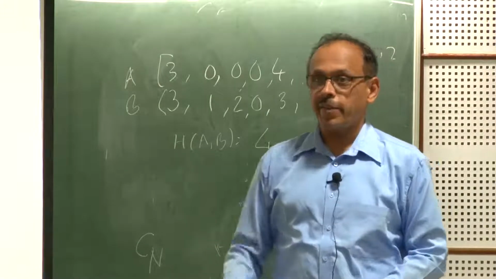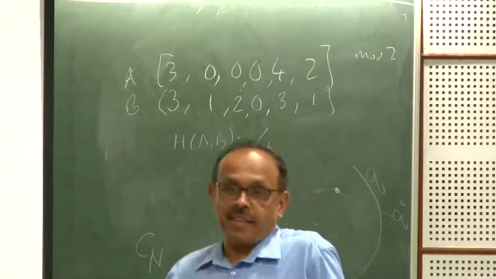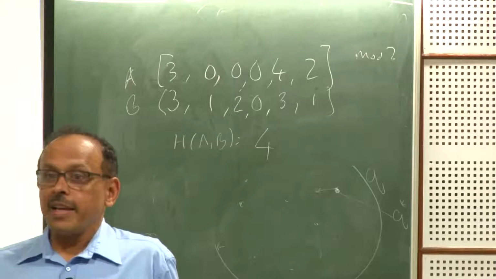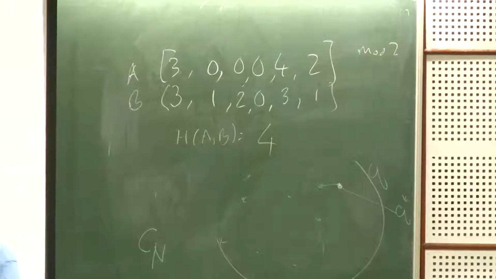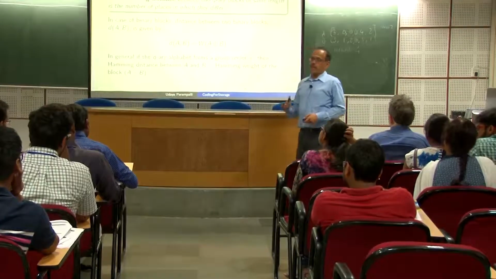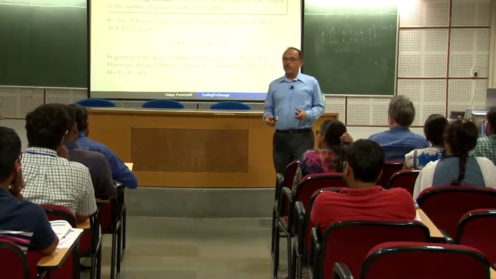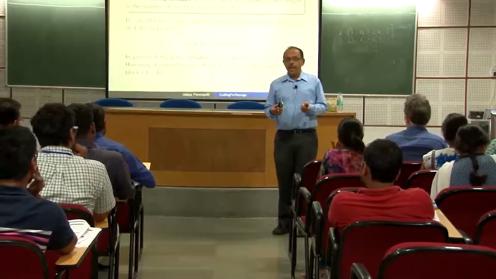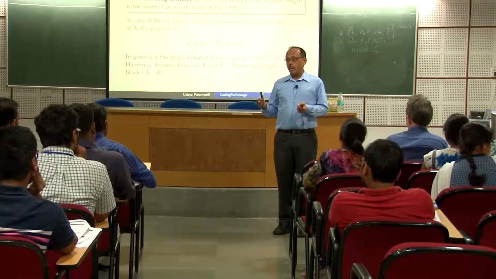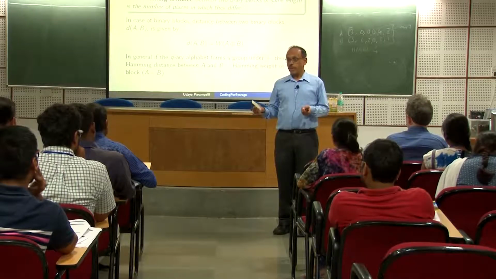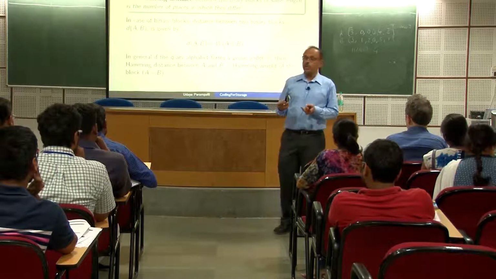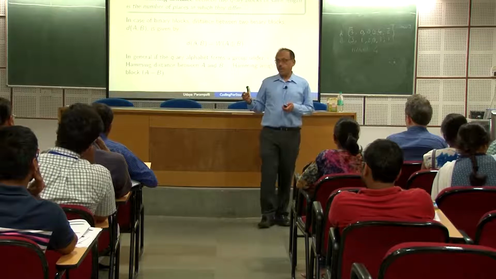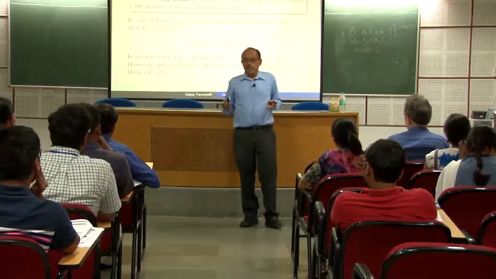Given 2 binary vectors of length n, A and B, the Hamming distance between A and B is the same as the Hamming weight of the exclusive OR of A and B. By applying the definition of exclusive OR: A exclusive OR B equals 1 if and only if exactly one of them is 1, and equals 0 if both of them are the same.